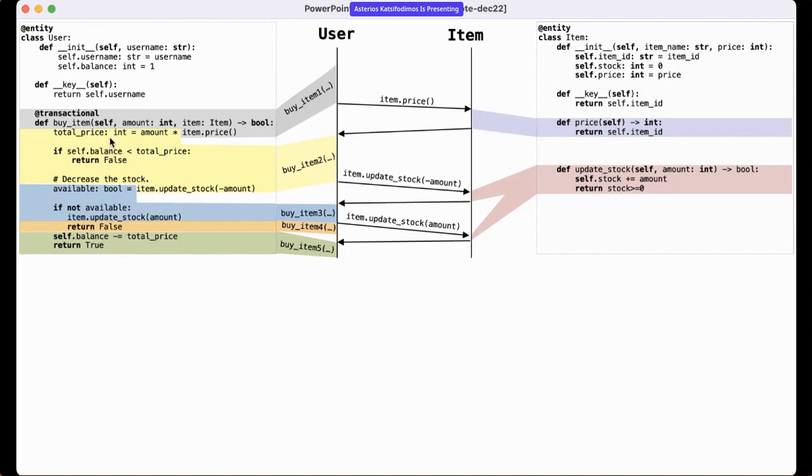The yellow part will execute as long as there is no need to call any external function. And once we get again to item update stock, we will have to leave this operator, travel through the Dataflow graph, execute this remote function, take the return value from that one, insert it to the new function, and continue from there.